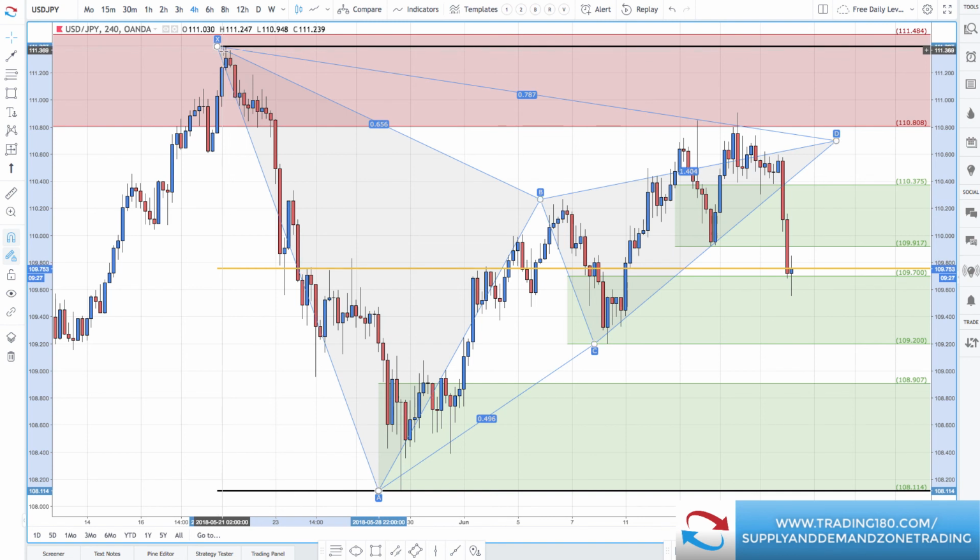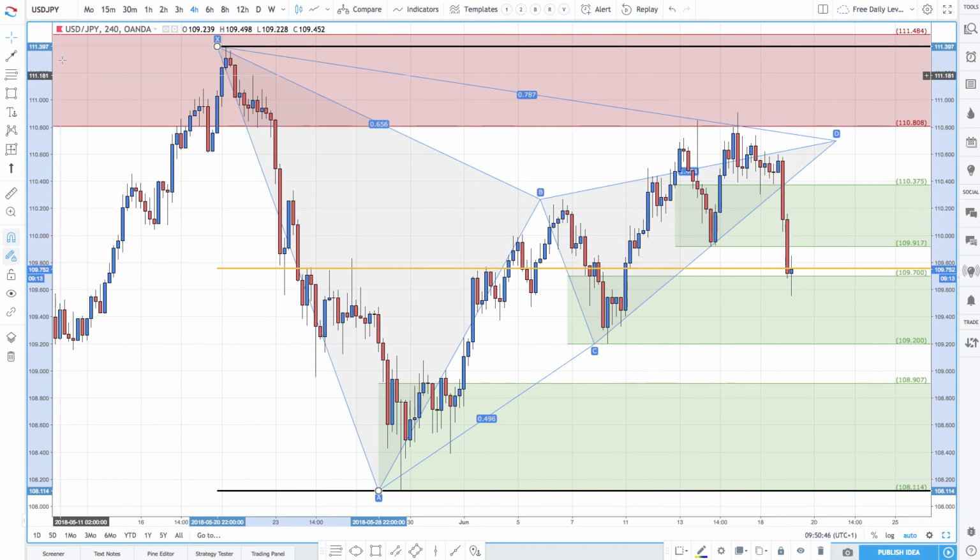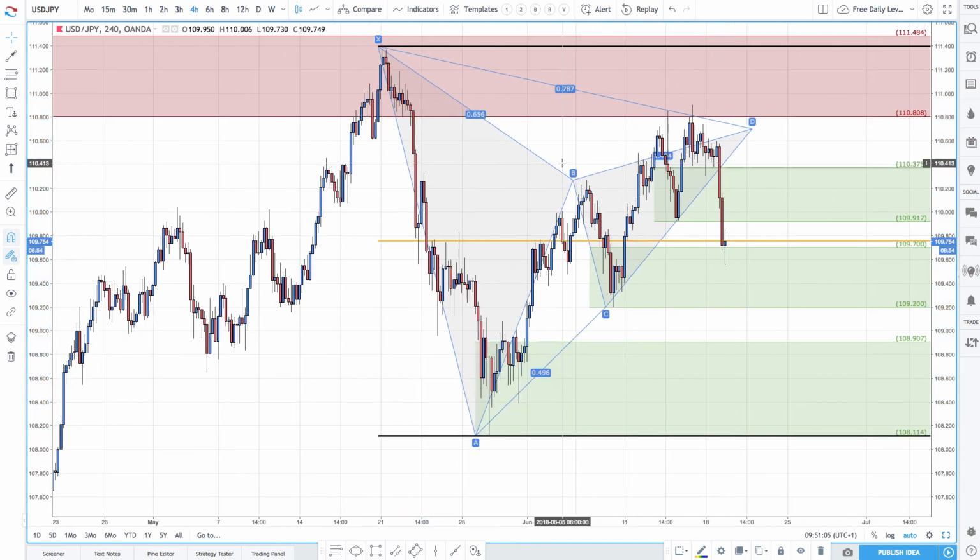This is obviously a cheap or expensive area depending on which currency you're buying, and this is obviously a cheap or expensive area depending on which currency you're buying. Price is contained between the two. And if you believe that the yen is the currency to buy, then you're buying the yen at a cheap. This is a bargain area for the yen, and you can see obviously from a risk perspective, prices have fallen away.